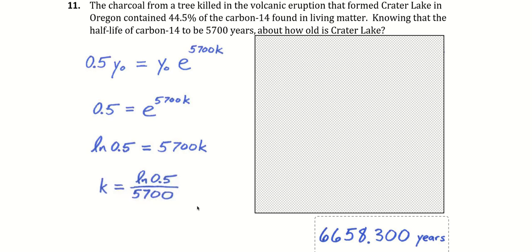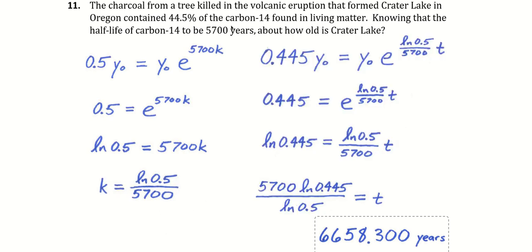You might actually just know by heart what our K value is for the half-life of carbon dating, if you're using exactly 5,700 years for the half-life. This is the K value. So technically you have to get the K value first. Then you can plug in the numbers: how long would it take to end up with 44.5% left over? So you put your K there, and you solve for T, natural log of both sides, all this stuff.